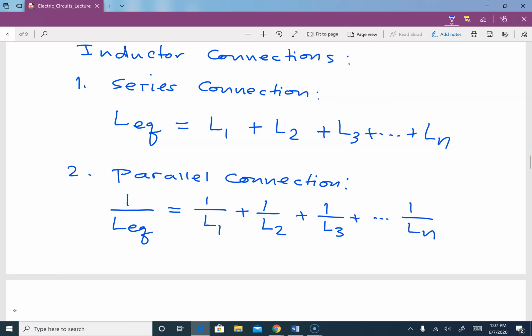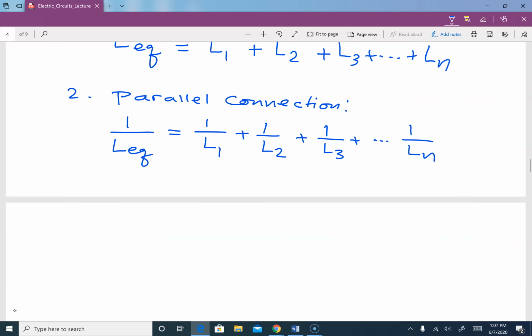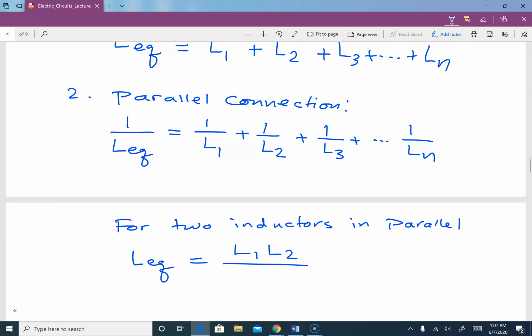It depends on how many inductors are connected in parallel. So for two inductors in parallel, we can use the formula L1 times L2 divided by L1 plus L2.